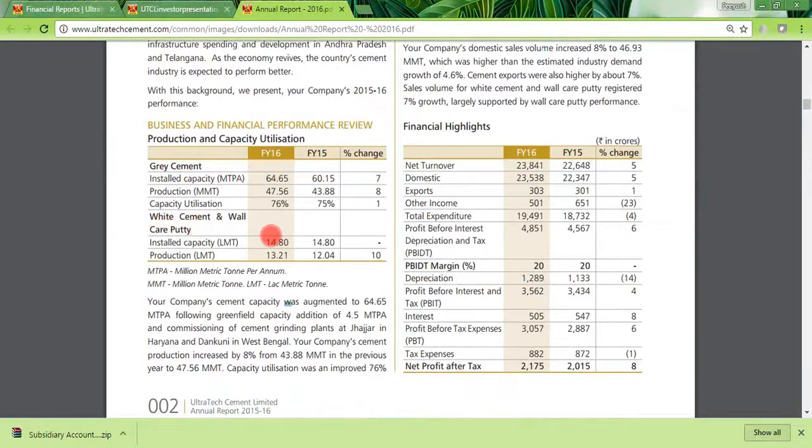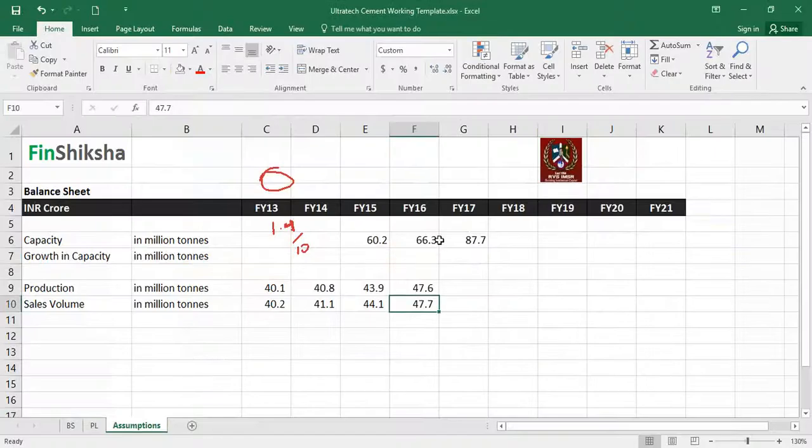And white cement is 14.8 lakh metric tons. This is million tons, this is lakh tons. So if I was to convert this into million, this has to get divided by 10, right? So this becomes 1.5, and 1.5 plus 64.65 will give around 66.2, which is what we have put in here, 66.3 approximately, right?